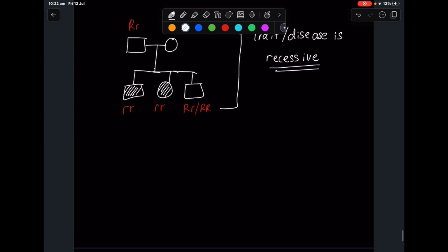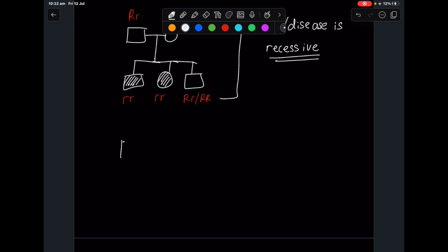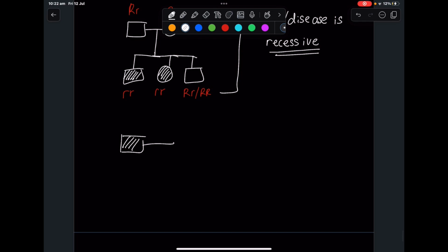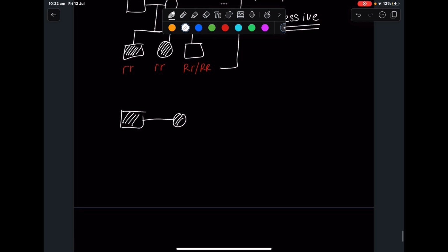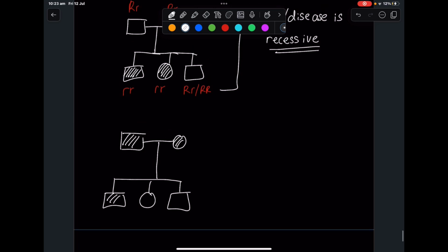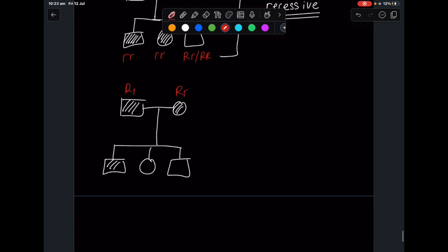If I flip this around, where I have two affected parents, and they have the trait, and some of their children have the trait as well, but also some of their children do not have the trait, well, this suggests that in a similar case, the trait we're studying is dominant.